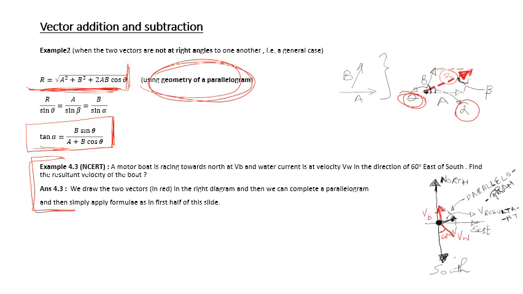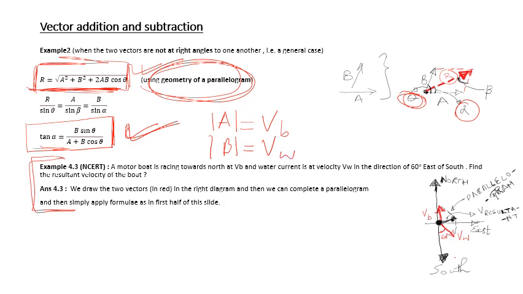This is the magnitude of the resultant, and the angle is this one. So simply you have to apply these formulas. The amplitude of vector A is already given as VB. The amplitude of vector B is already given as VW.